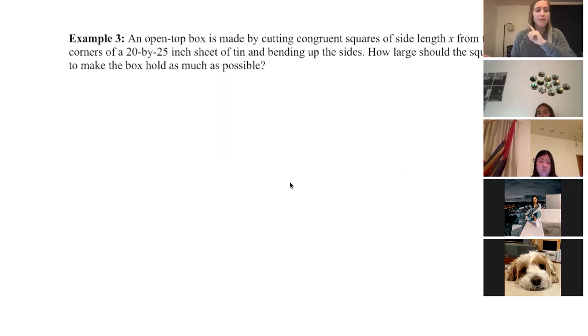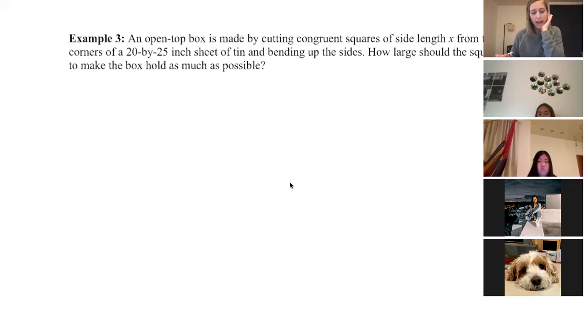And if any of you have really good memory, you might even recognize one of these types of problems from pre-calc as a quadratic word problem. So this problem could actually be solved using algebra, but we're in calculus and we're going to practice using our calculus techniques to solve it.